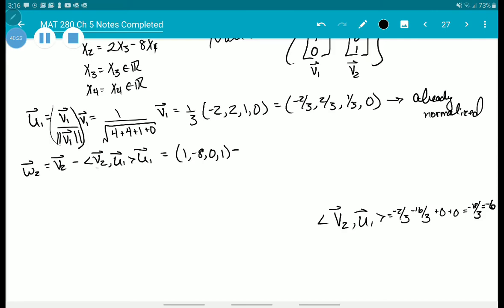So we have a minus. This is negative 6 times U1. So 1, negative 8, 0, 1 minus negative. I'm going to go ahead and change that to a plus. And then I'm going to distribute that 6 through.